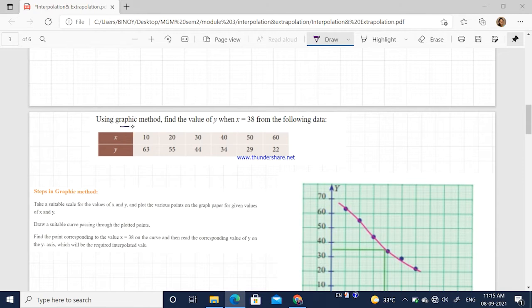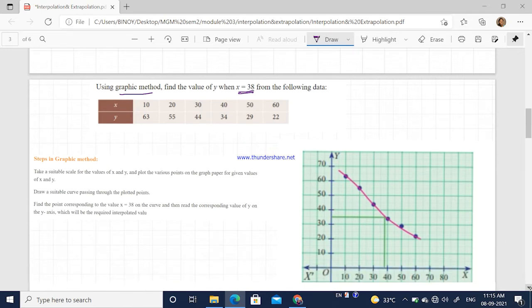Using the graphical method, you are asked to find the value of y when x is equal to 38. The x values are 10, 20, 30, 40, 50, 60, and the y values are 63, 55, 44, 34, 29, 22. The first step is to take a suitable scale for the values of x and y.